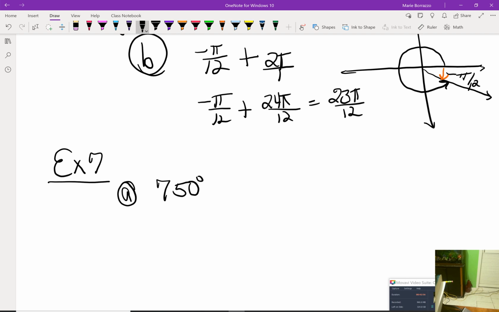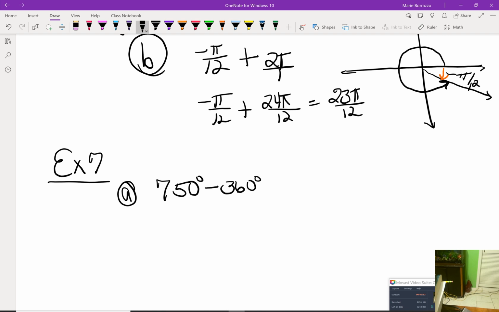So if I begin with 750 degrees, what I'm going to do is take away 360. And I technically already know mentally that I could do that twice, because 360 times 2 is 720.